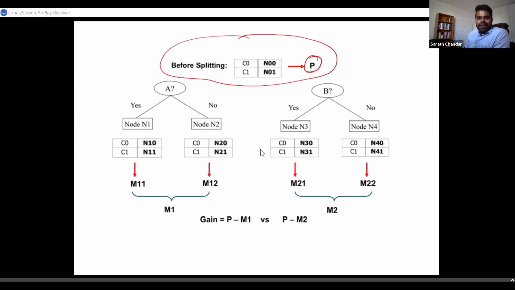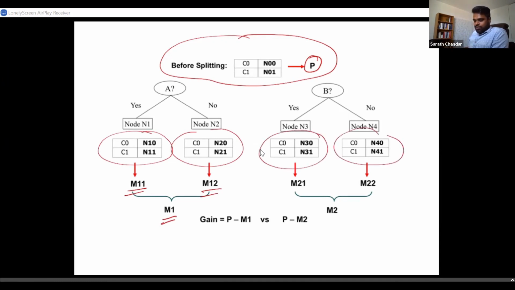I could split based on some feature A or some feature B. If I split based on some feature A, then I will get these 2 data sets, and these 2 data sets are going to have some measure. I could take an average of that. Okay. Similarly, if I go by B, I will get these 2 splits, and these 2 splits have these 2 measures, and I have some average.